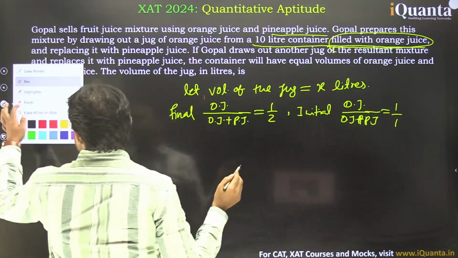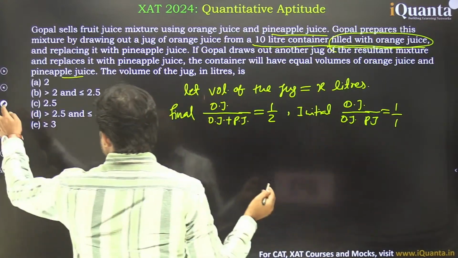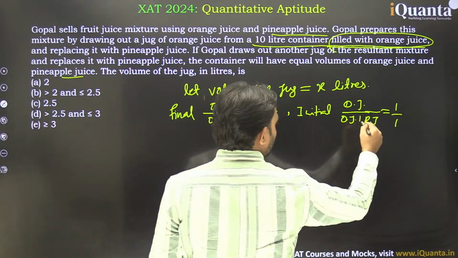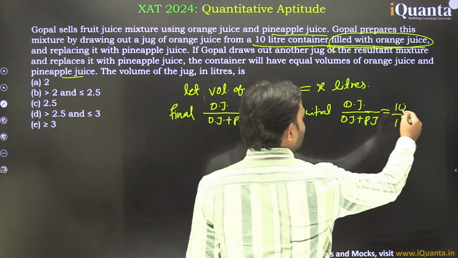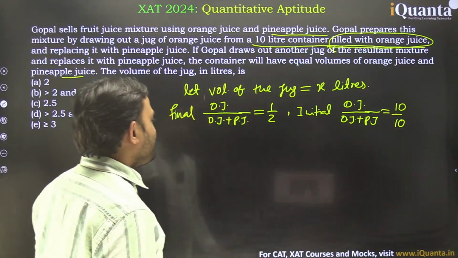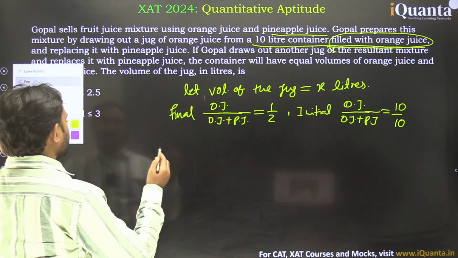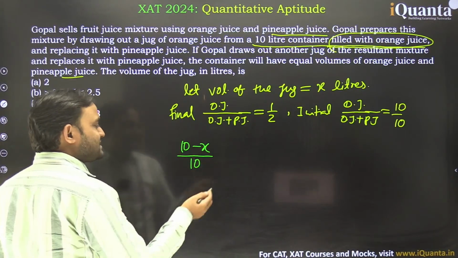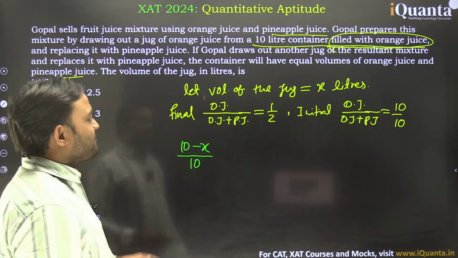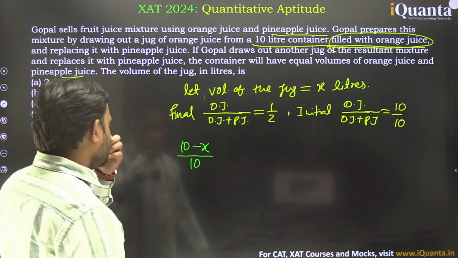So initially it was 10 liters, 10 out of 10 was orange juice. So if I remove x liters from 10 and then divide, this is the fraction of orange juice upon total that is left.